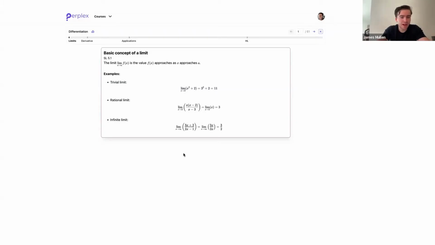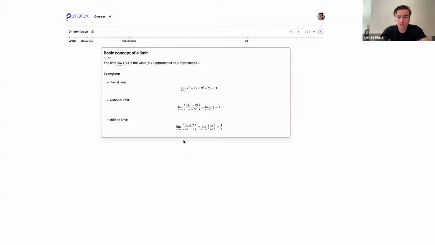We know, for example, that if I have 1 over x, it's undefined at x equals 0. But even in that context, we can ask the question, what happens to 1 over x as x gets close to 0? And we realize that we have an asymptote, and the function is going to go to plus or minus infinity. And limits, we can do that in general, but basically it's going to allow us to observe what happens to the value of a function as we get close to a point.